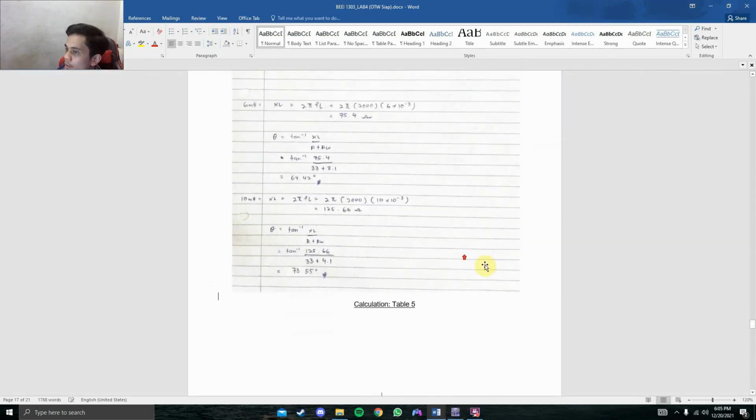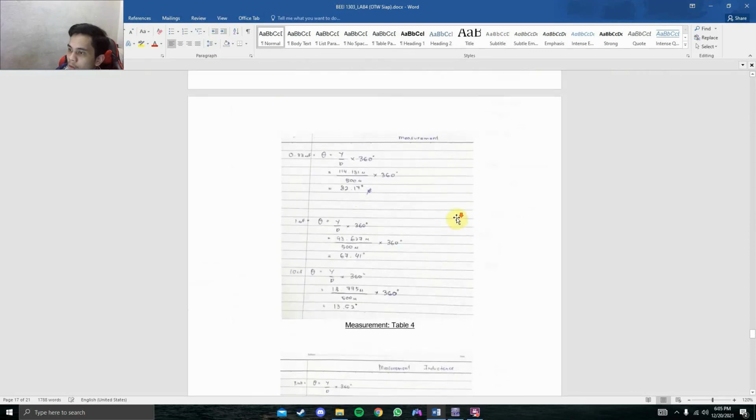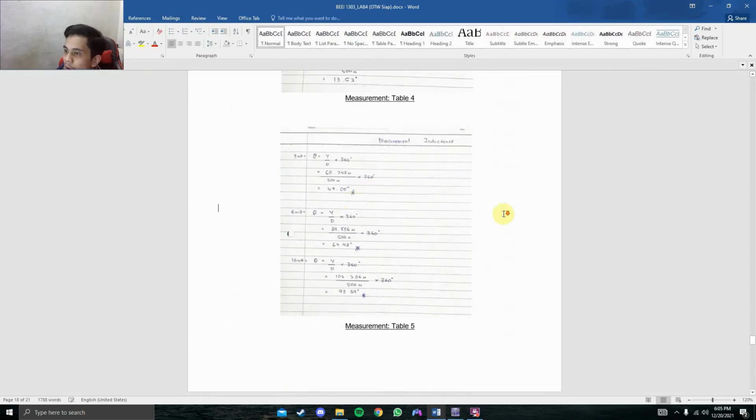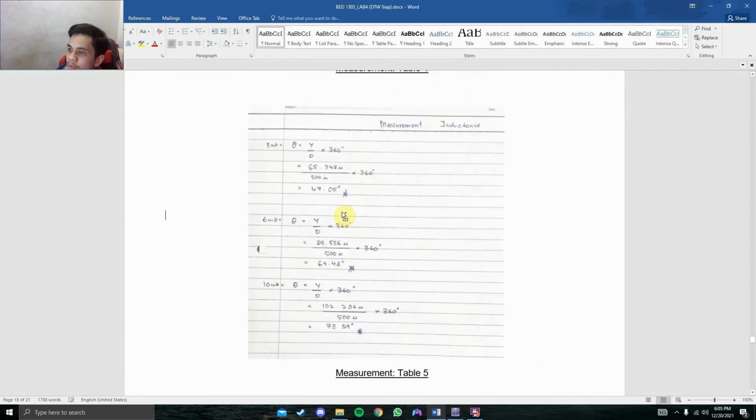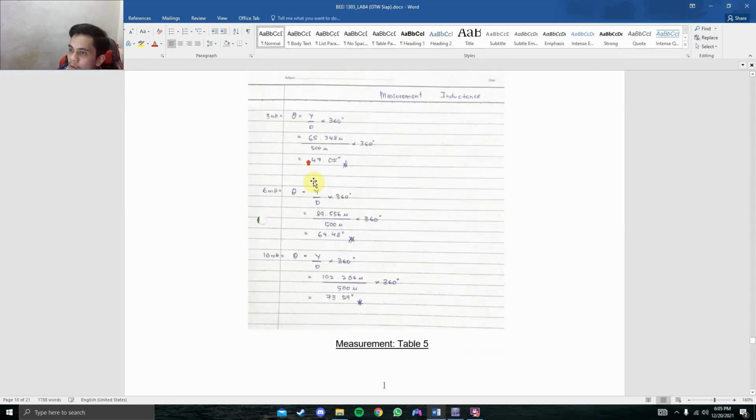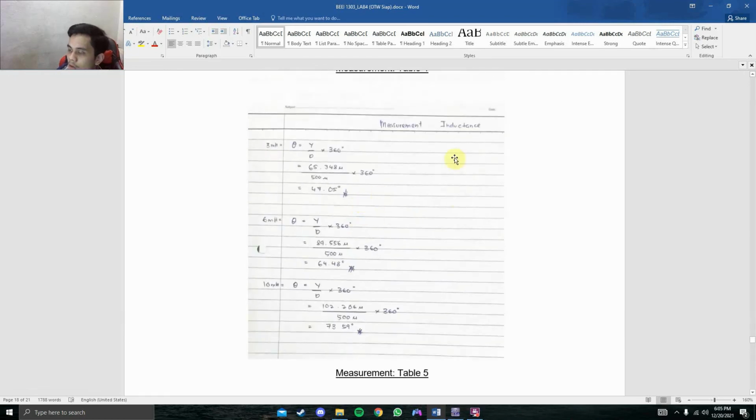Yeah, this is the correct one. So the phase angle is 47.05 degree. Then we do the same for 6 millihenry and 10 millihenry. So that is all from me. Thank you.